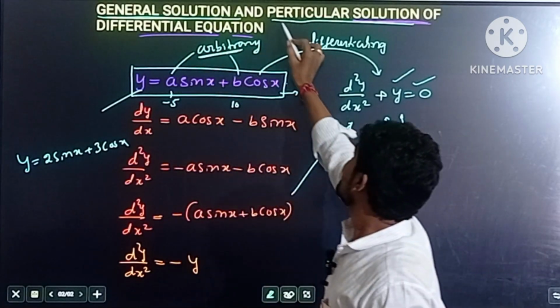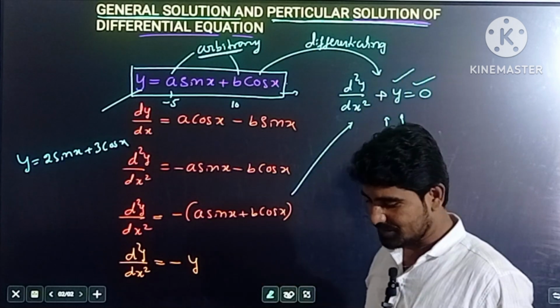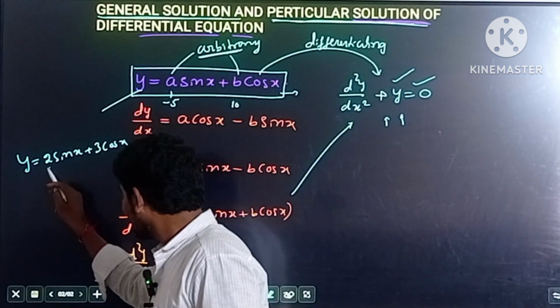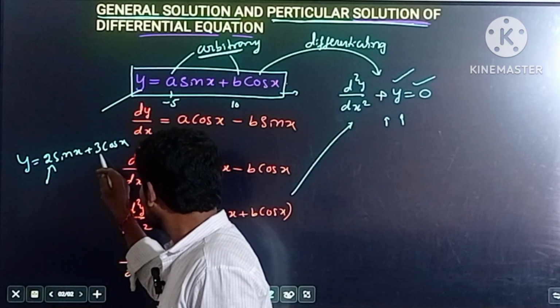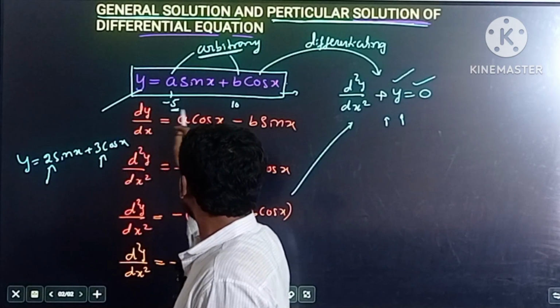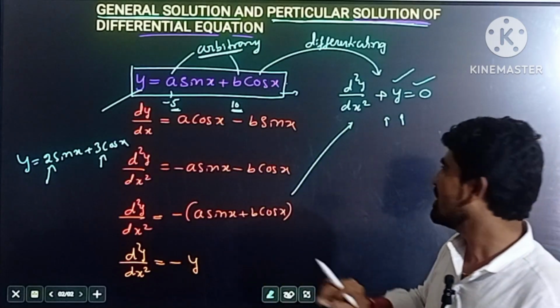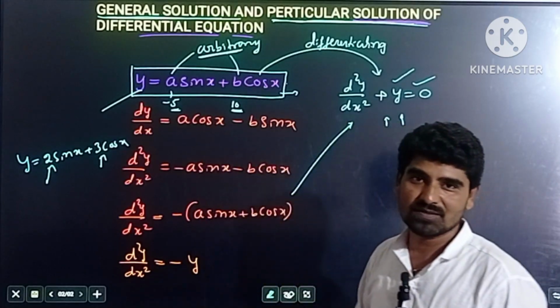And what is meant by a particular solution? Particular solution means, you observe here, the arbitrary constants in the general solution are replaced by constant values.